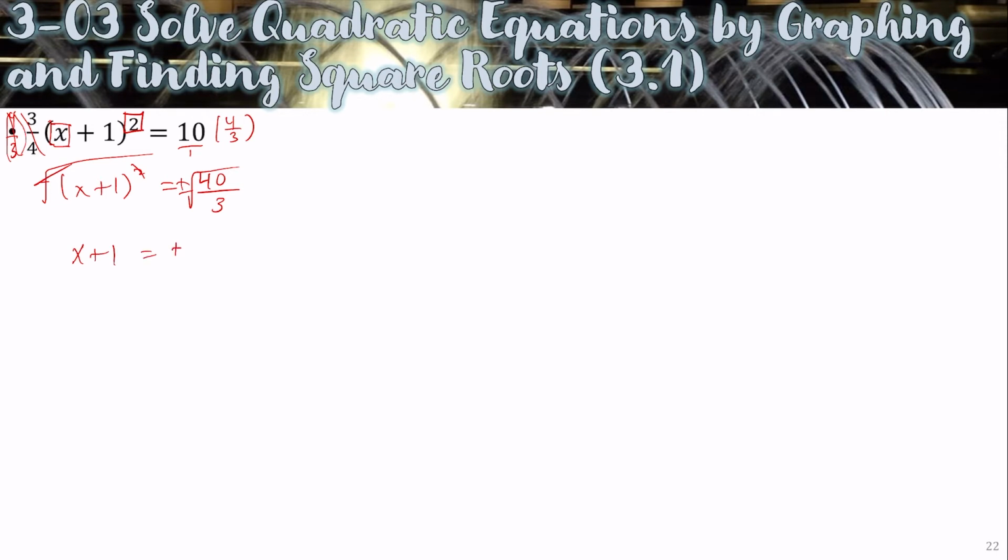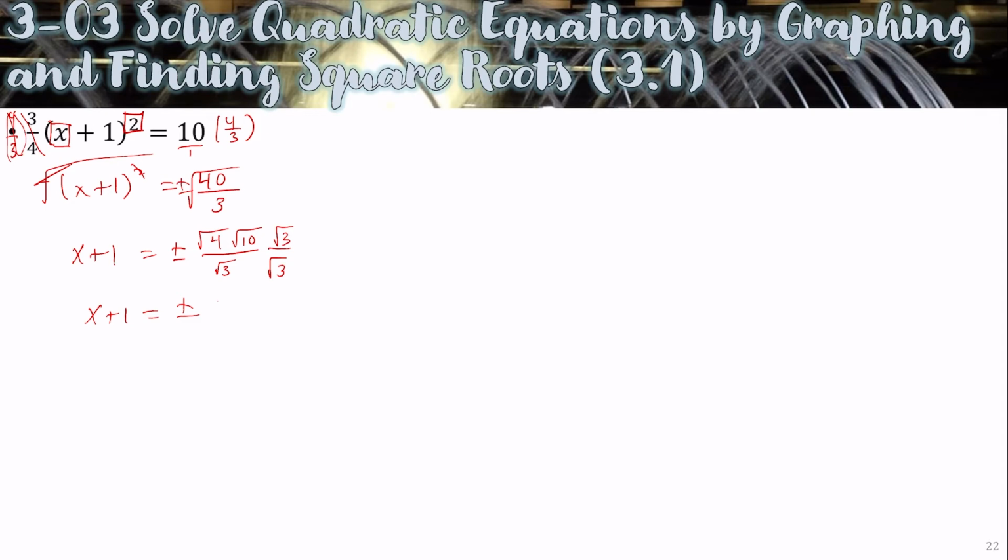Well, let's see, 40. 40 is 4 times 10. The bottom is the square root of 3. Oh, wait. I can't have a square root in the denominator. So I have to multiply the top and bottom by the square root. Remember doing that before?